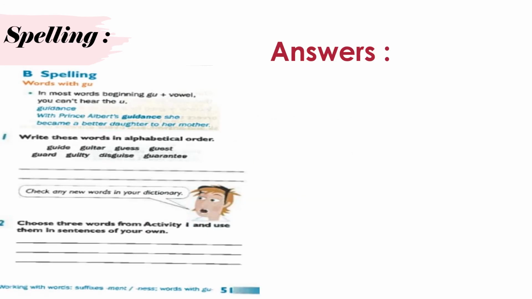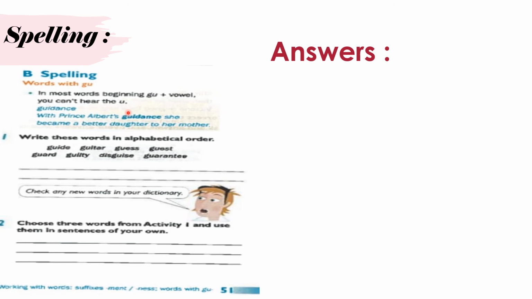Now we will talk about the last topic of our class today, which is about spelling words with GU. You have to note that in most words beginning with these two letters GU plus a vowel sound, you can't hear the U, so the letter U is silent.